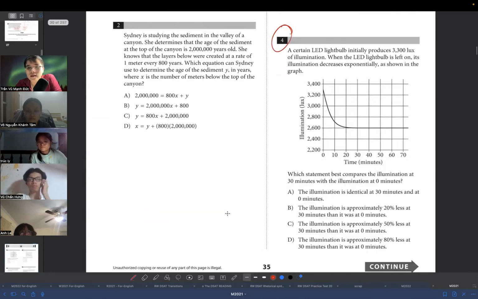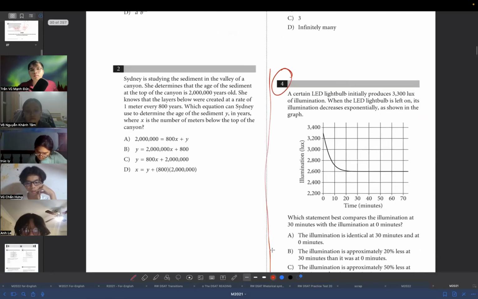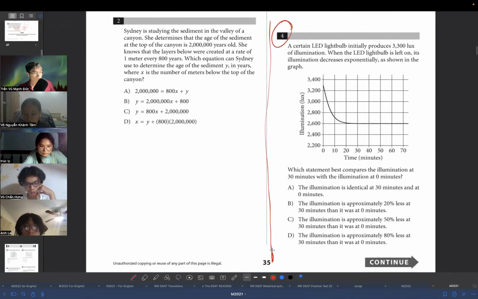Let's see. Number 4. Do it for me, An. How about 4? Wait a second. Okay, 4. Everybody, put your own answer in the chat because I want to see your result on this.